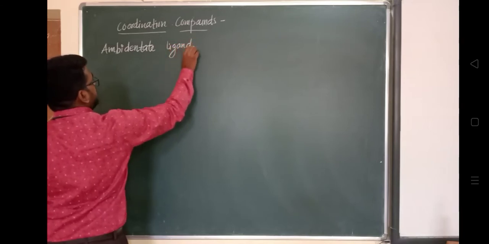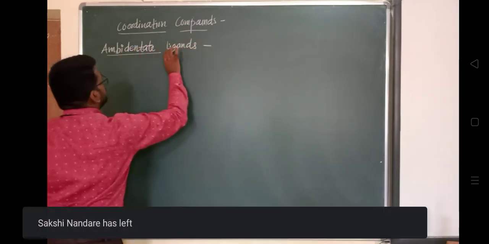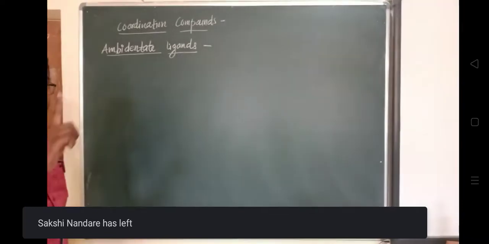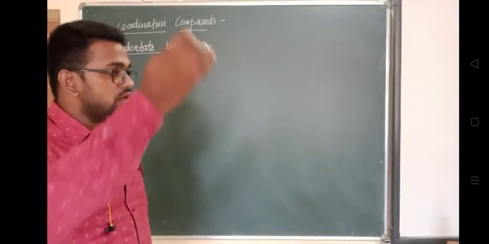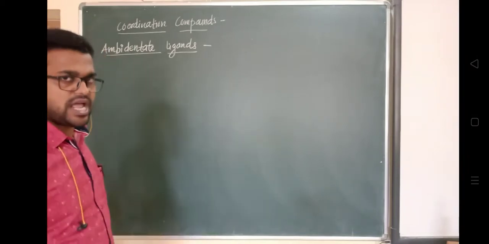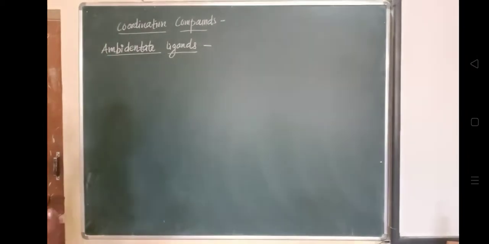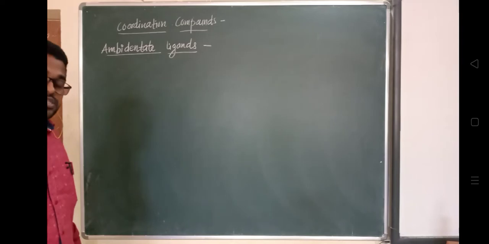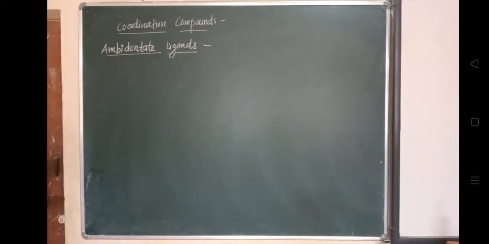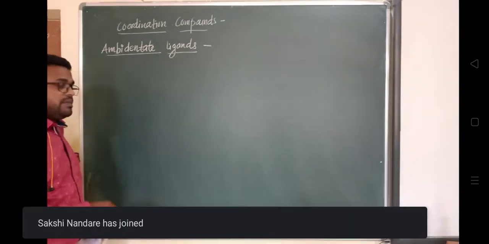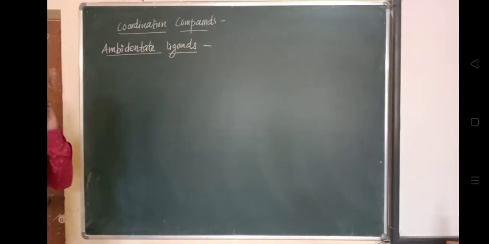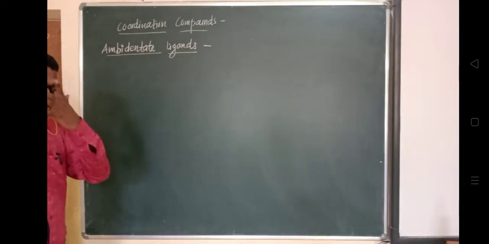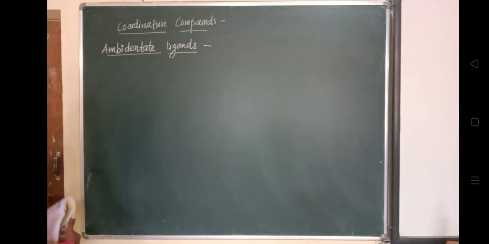We have seen monodentate, in which a single atom donates its electron pair to the central metal ion. In the case of polydentate, there will be many atoms that contribute in donating the electron pair. So now, what is an ambidentate ligand?